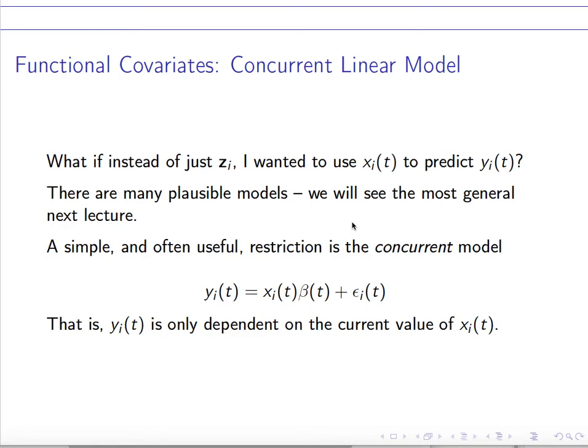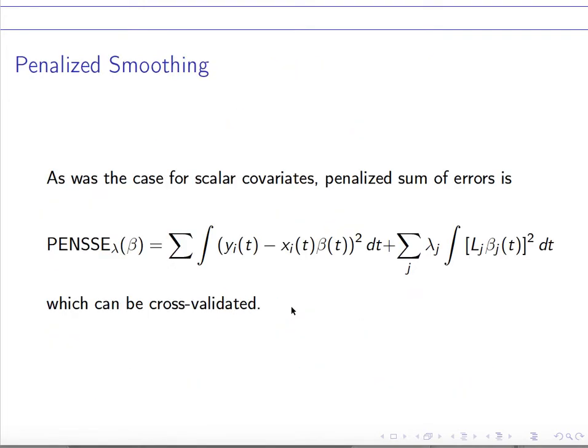Among functional linear models, there are also two types. One is called the concurrent model, which is shown here in these equations. Basically, the value of the response y will only depend on the value of x at the current time t, the same time, so we call this the concurrent model.